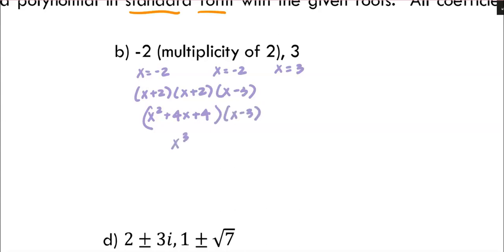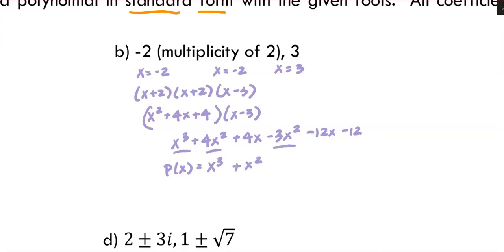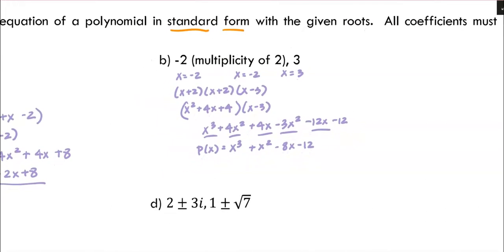So we have x cubed plus 4x squared plus 4x minus 3x squared minus 12x minus 12. And so P of x equals x cubed plus x squared minus 8x minus 12. Okay, good job.